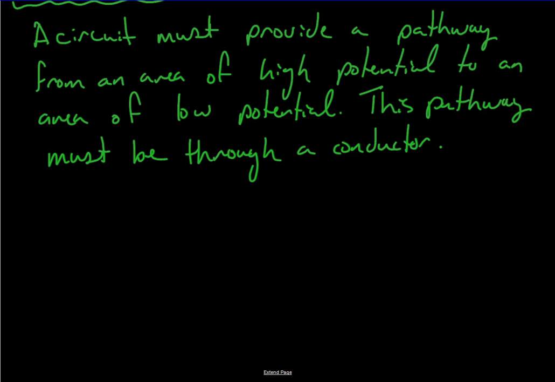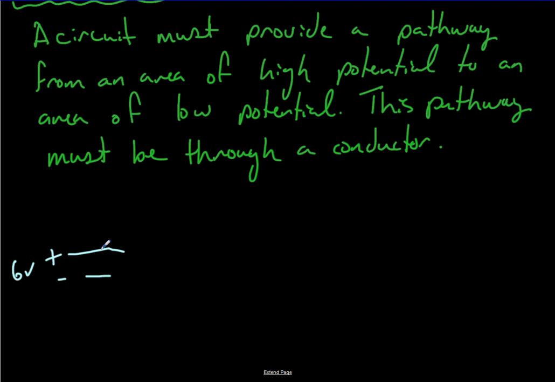So let's draw a little circuit here, and let's add a few elements to it that might be interesting. So first things first, we need a source of potential, and we measure potential in volts. So let's go with 6 volts here.